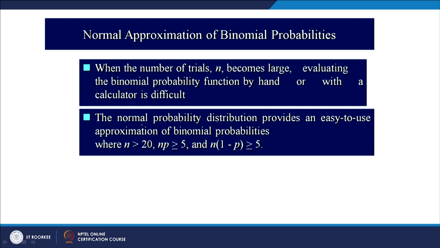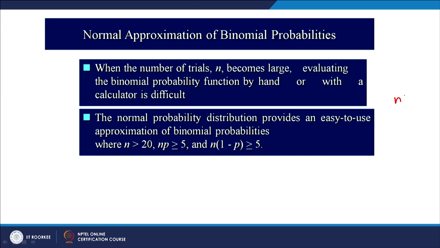Evaluating binomial probability functions manually or with a calculator is difficult. The normal probability distribution provides an easy to use approximation of binomial probabilities under this condition.